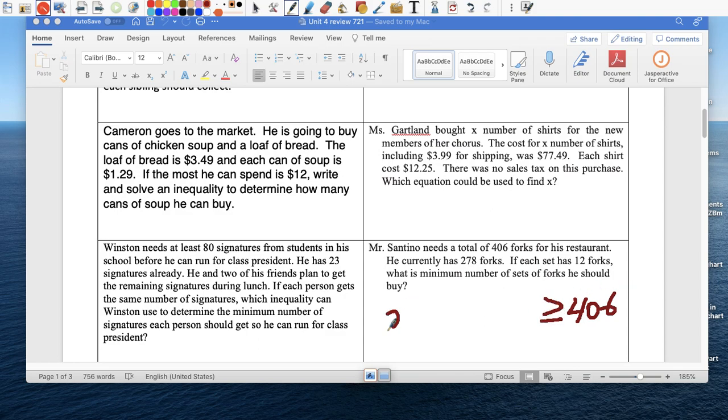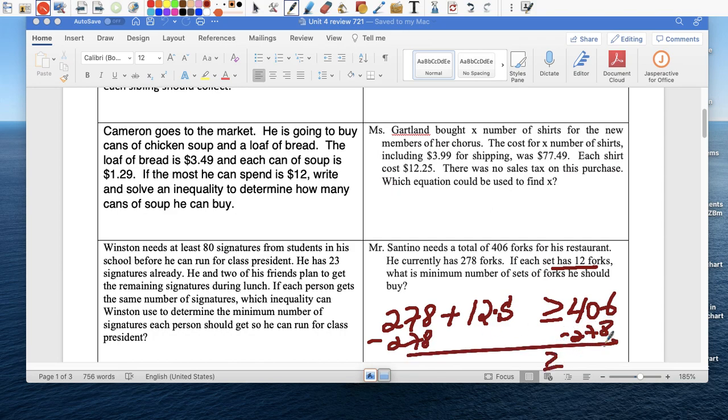So he already has 278. How many sets? Well, each set is 12. So the 278 forks plus 12 times the number of sets, and I hate using the letter S, but we're going to use it anyway. So we're going to do minus 278. Minus 278. That's going to be 128.